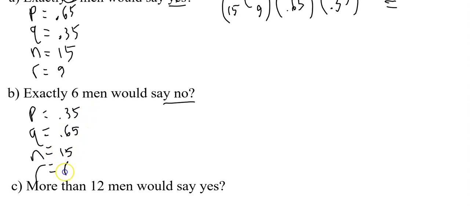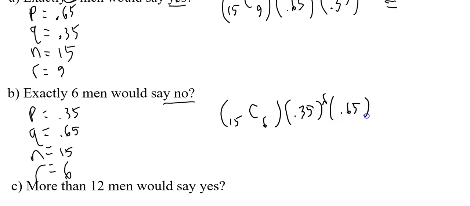And this time I only want 6 successes. So if I plugged in this formula, this would be 15 choose 6, times, I guess, P, 0.35 to the 6th, and times 0.65 to the 9th.